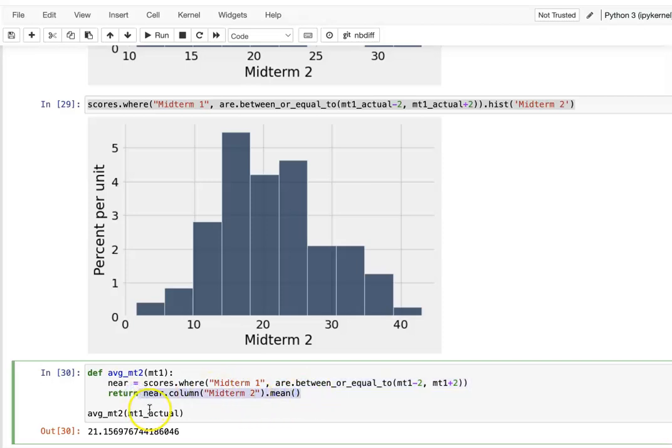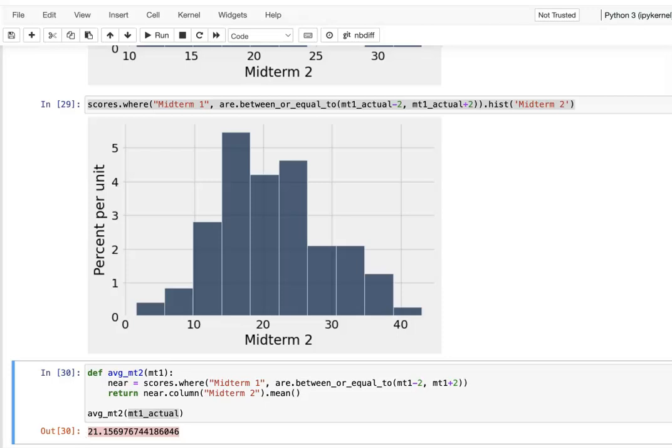If we plug in John's actual midterm 1 value of 21, the estimation grade is 21 as well.